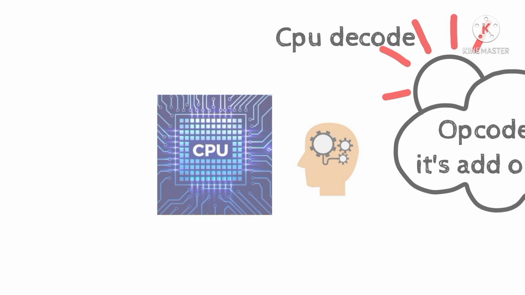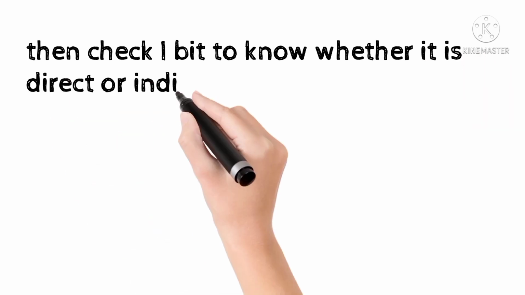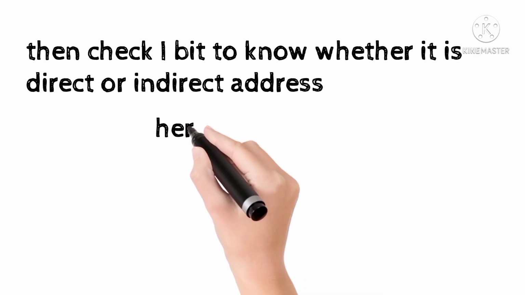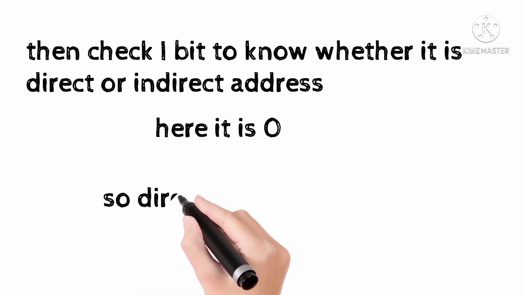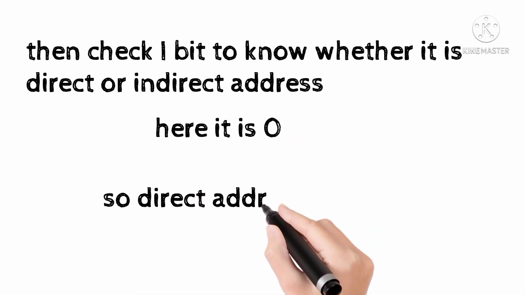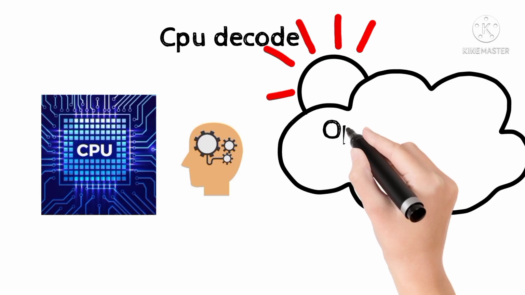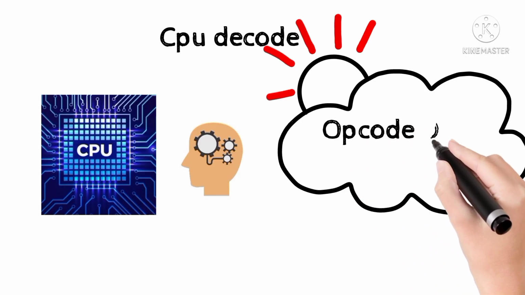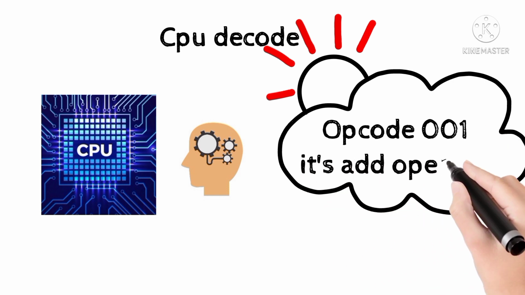If it is a memory reference instruction, it will identify which type of memory reference instruction it is. Next, we have to identify whether the address given is a direct or indirect address. For that, we have to check the 15th bit. Here the 15th bit is 0, so it means it is a direct address. Here the opcode bits are 001. That means it is a memory reference add instruction.